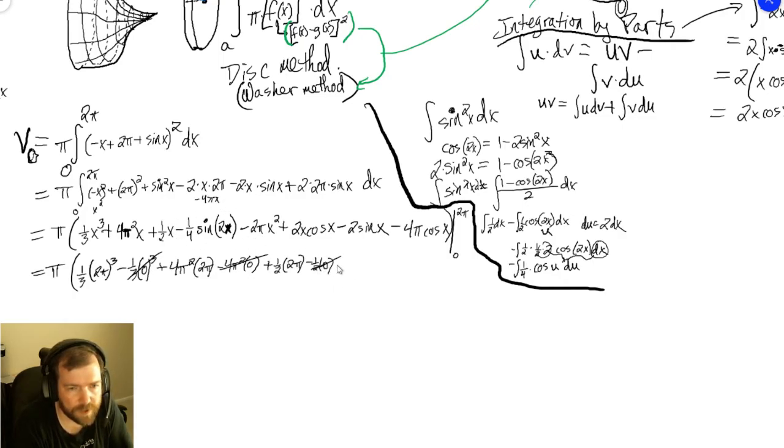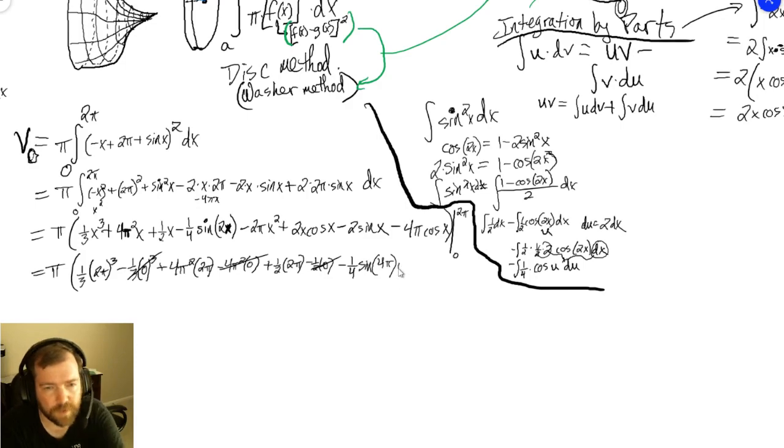The next one's where it starts getting interesting. We get a negative 1/4. I lied, it's not that interesting. Sine of twice 2 pi is going to be sine of 4 pi, minus a negative, so plus 1/4 sine of twice 0 is still 0. And in this particular case, the sine of 4 pi is also 0. So both of these terms are 0.